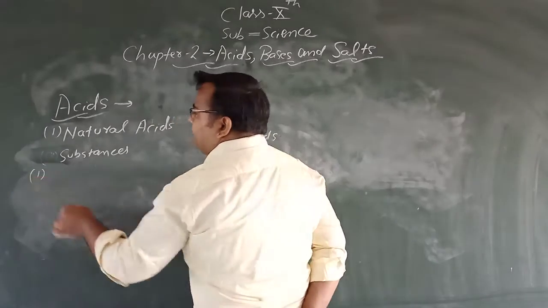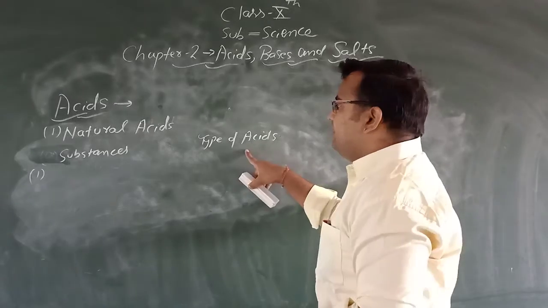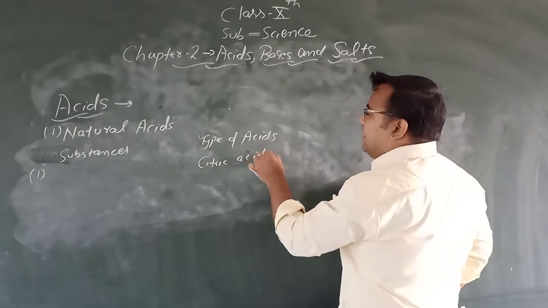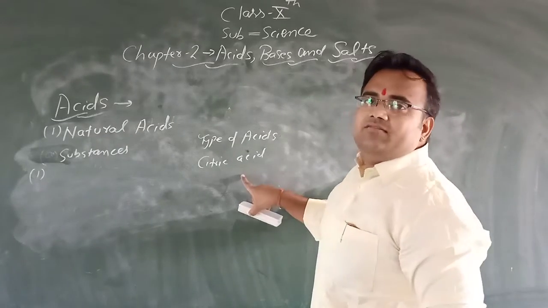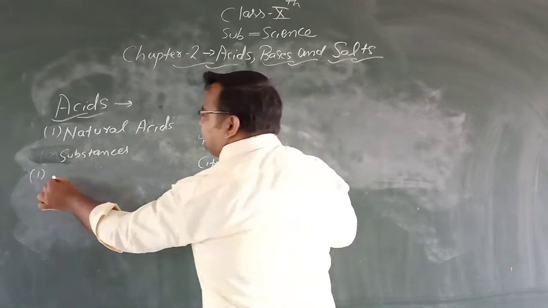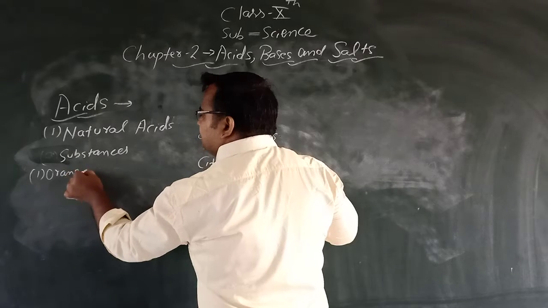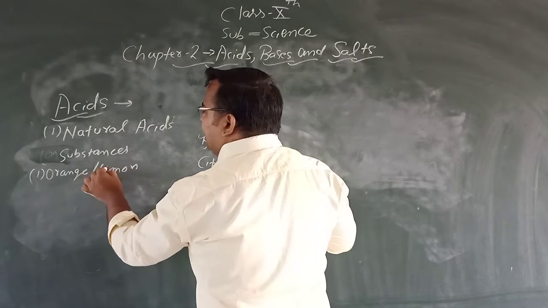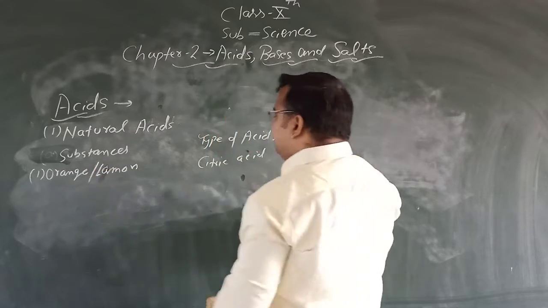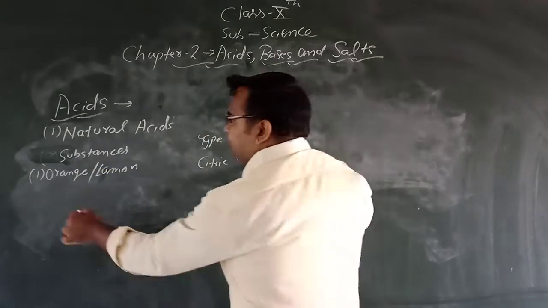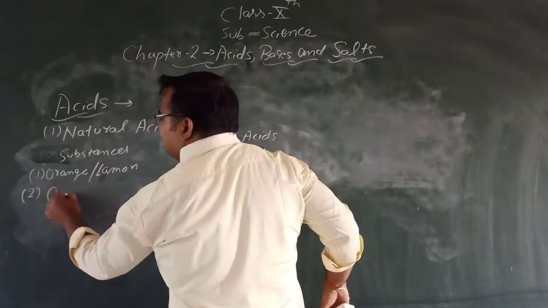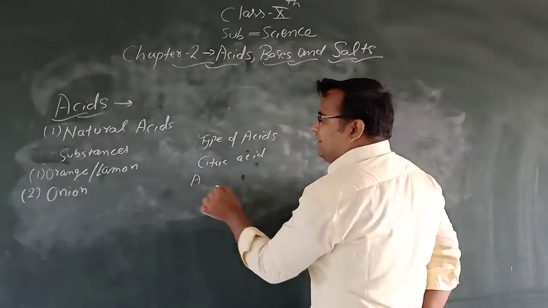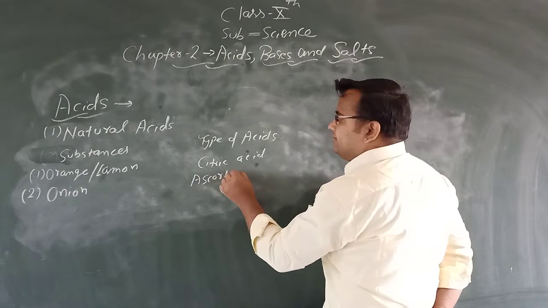The first acid is citric acid, and citric acid is found in orange or lemon. Second, in onion, the name of the acid is ascorbic acid.